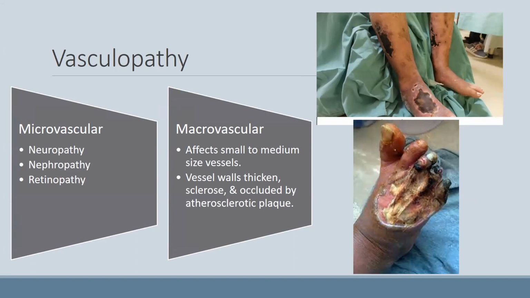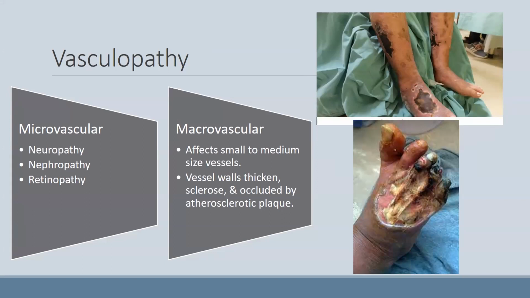And this is what happens to the small blood vessels that supply blood to the nerves, the small blood vessels within the functional unit of the kidney, the glomerulus, as well as in the retina, and all of this results in the other complications.